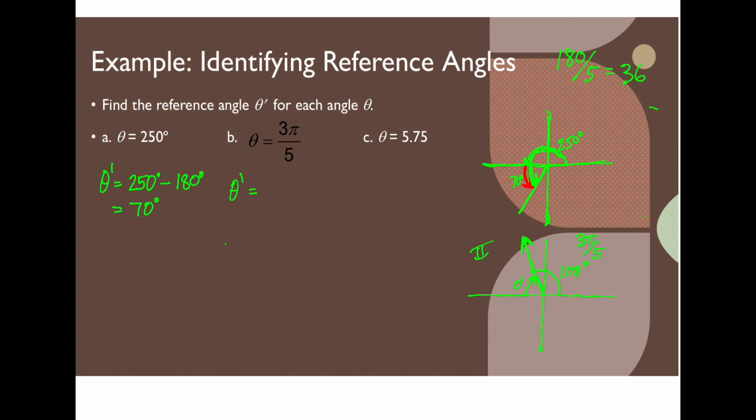Figure out what 3 pi over 5 is, but now we're going to take 180, or pi, and subtract 3 pi over 5. To get the same denominator, we can go 5 pi over 5. And 5 pi over 5 obviously is equal to pi because the 5's would cancel. And 5 minus 3 pi is 2 pi over 5. So my reference angle would be 2 pi over 5 in the second quadrant.